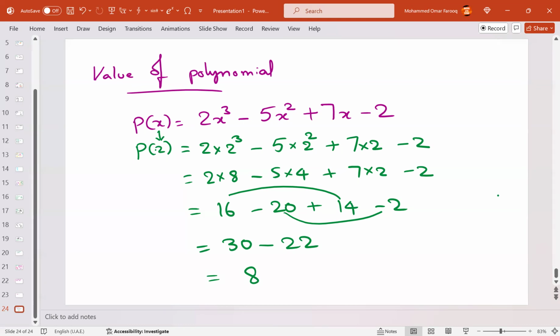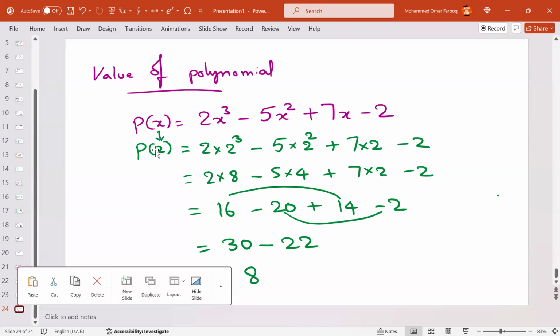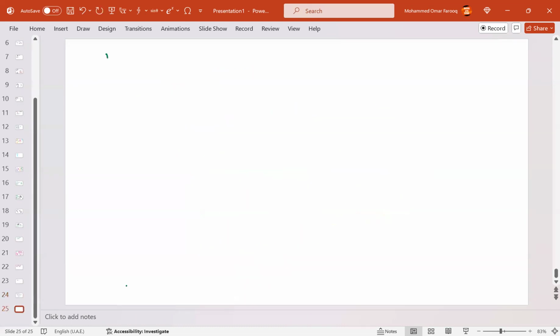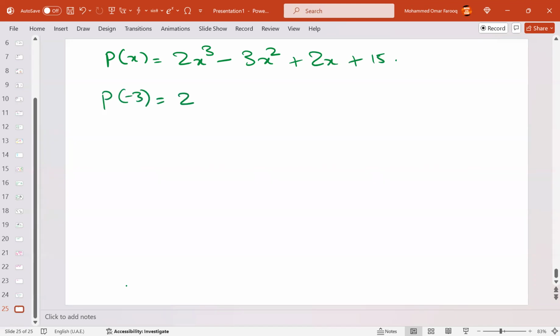Now let me do it for a negative value. Let P of x be any other polynomial, 2x cube minus 3x square plus 2x plus 15. For example, let us take P of minus 3. Wherever you have x, you substitute the value.